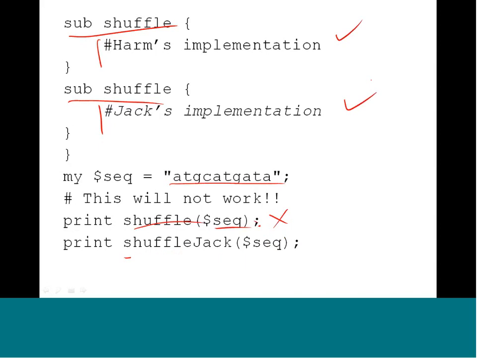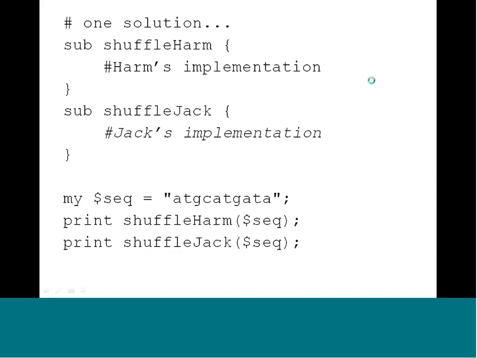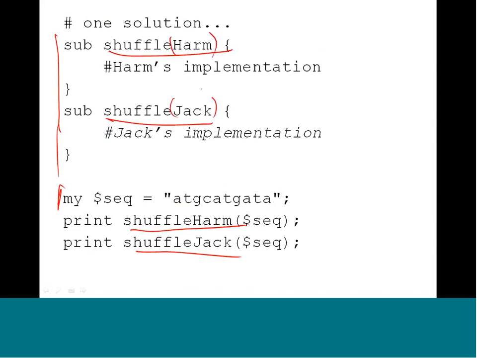So how do we do that? Again it's all the same, the top one, and the sequence that we want to shuffle is also the same. The only thing is that now we name the functions shuffle Harm and shuffle Jack. You notice that now these names are different; we add this additional element to it.